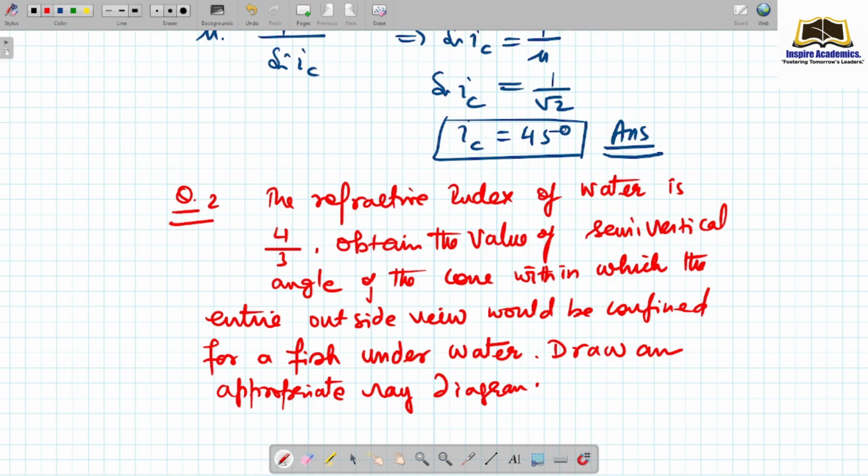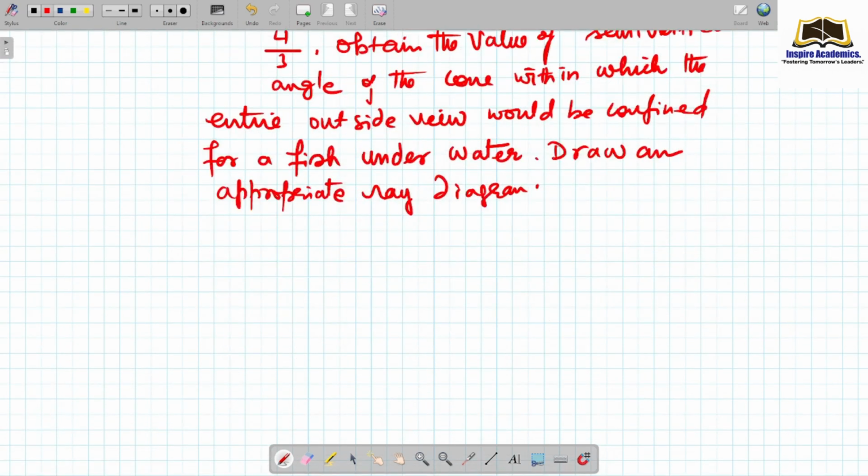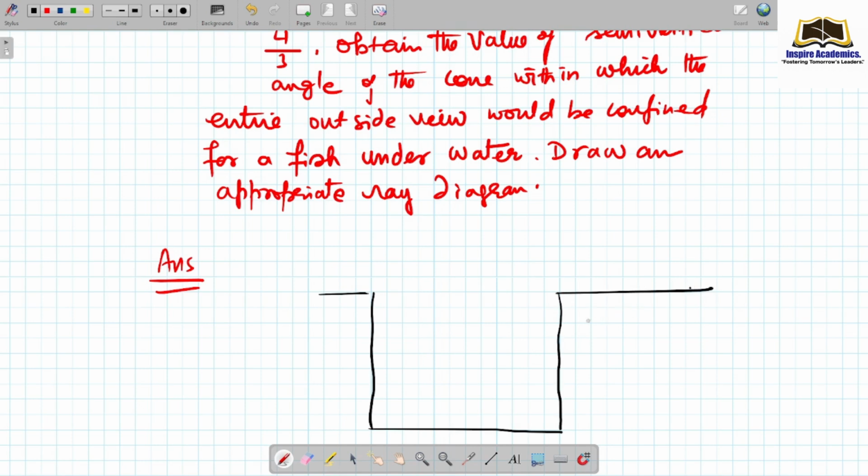So can you envision your problem? Your problem would look like this. Let's say this is the vessel. And here is the location of the fish. So how would the ray go? It will go like this. This would be your enhanced possible vision.